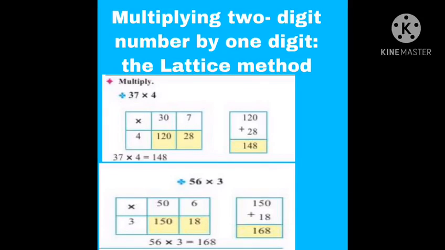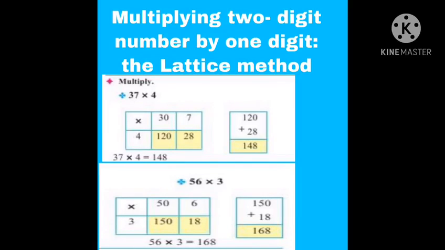Next is 56 multiplied by 3. Same method we have to use. That is, we have to draw the first box. In the first box you have to write the multiplication sign, which is necessary, and then split the numbers, that is 50 and 6, and down you have to write which number? 3.